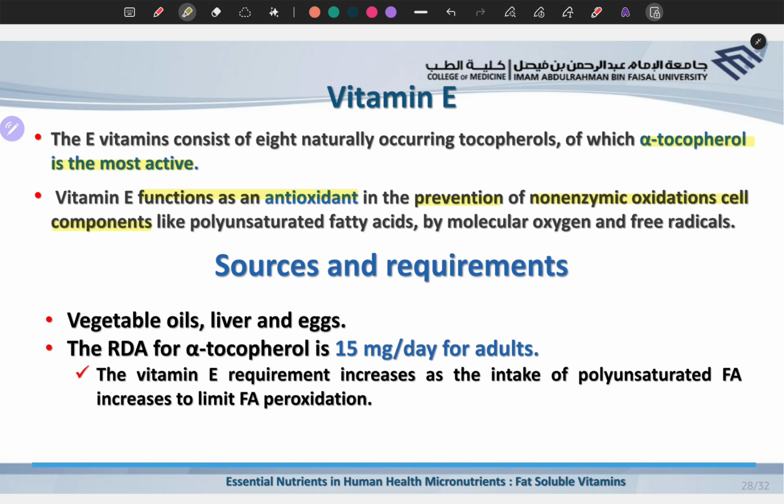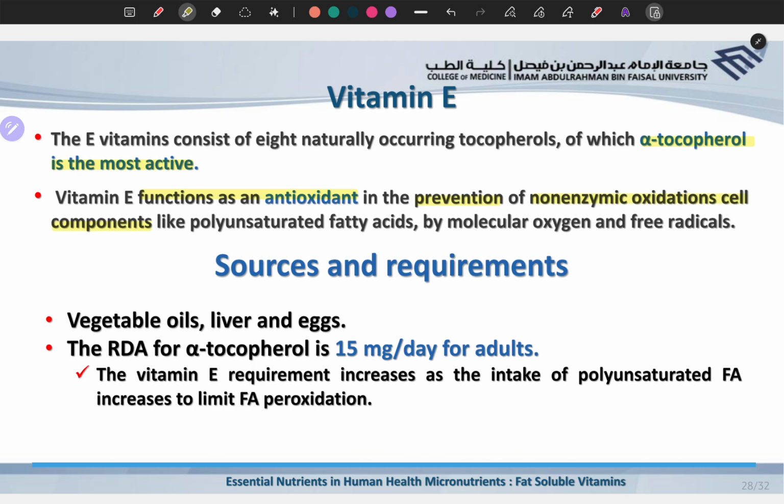Sources: vegetable oils, liver and milk are the rich sources. The recommended dose is 15 milligram per day, but this is one of the safest fat soluble vitamins, so toxicity doesn't occur even in very high doses. The vitamin E requirement increases as the intake of polyunsaturated fatty acid increases. If you are taking more polyunsaturated fatty acid, then the requirement for vitamin E is more, naturally, to neutralize this.